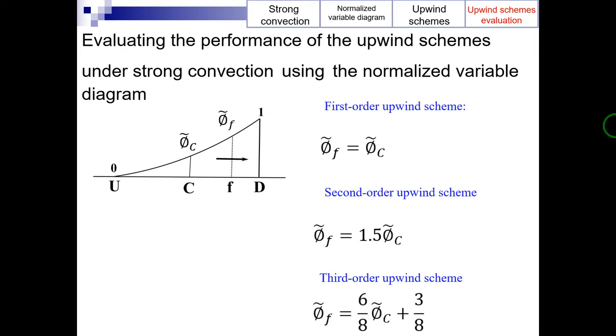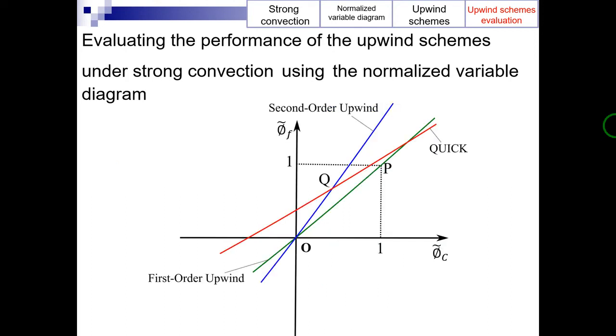Okay, the normalized phase values obtained from first order, second order, and third order upwind schemes are shown in the following plot as a function of normalized adjacent upstream node value. Here we have the normalized phase value, and here we have the normalized adjacent upstream node value.